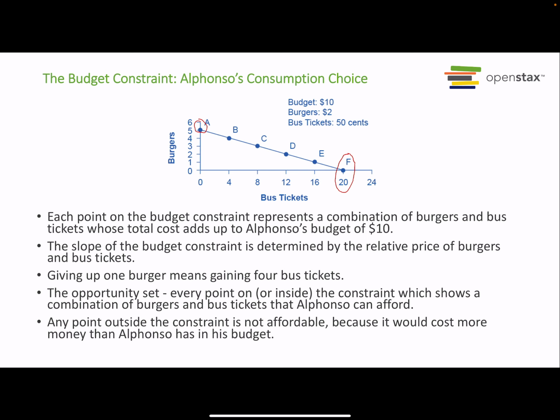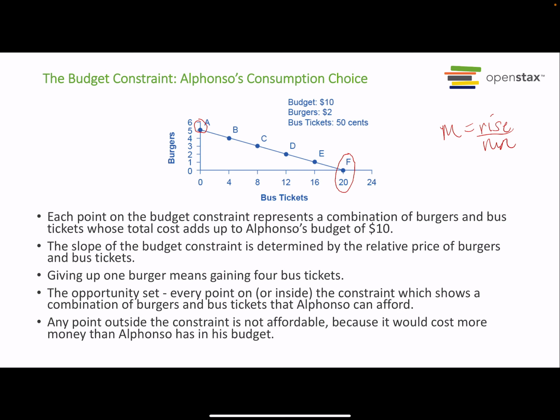We could calculate the slope of the line. Think back to your math classes, right? Slope is rise over run. Here we could determine what we call the relative price of burgers and bus tickets by calculating the slope of the line. For Alfonso's income limit here, if he gives up 1 burger, that's $2, right?